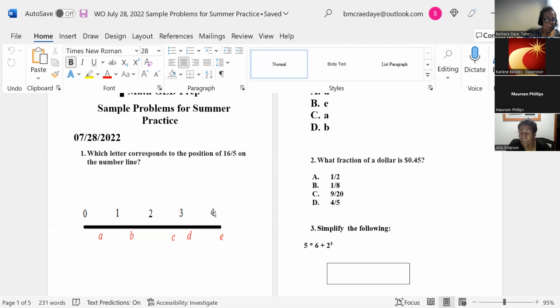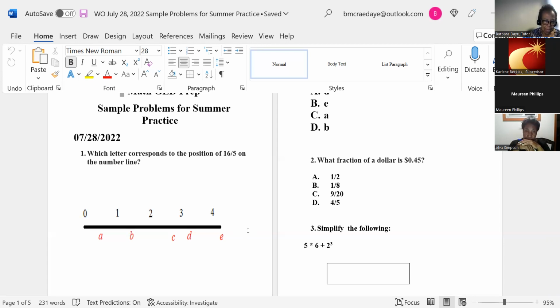16 divided by 5. You get a mixed fraction. What do you get when you divide 16 by 5? 4, is it? 5 into 16 goes how many times? 3 times. What's the remainder? 1.